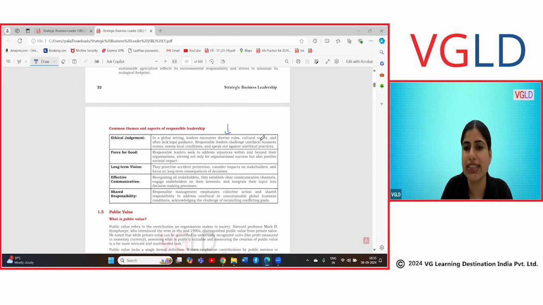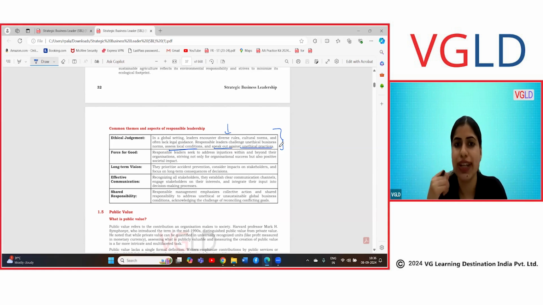So responsible leaders challenge unethical business norms, assess local conditions, and speak out against unethical practices. It is important for us to be ethical in our business area, where the culture is pure and diversity is present. We are not just hiring the same type of person. We have diversity in terms of gender equality, religious background, and age variation.